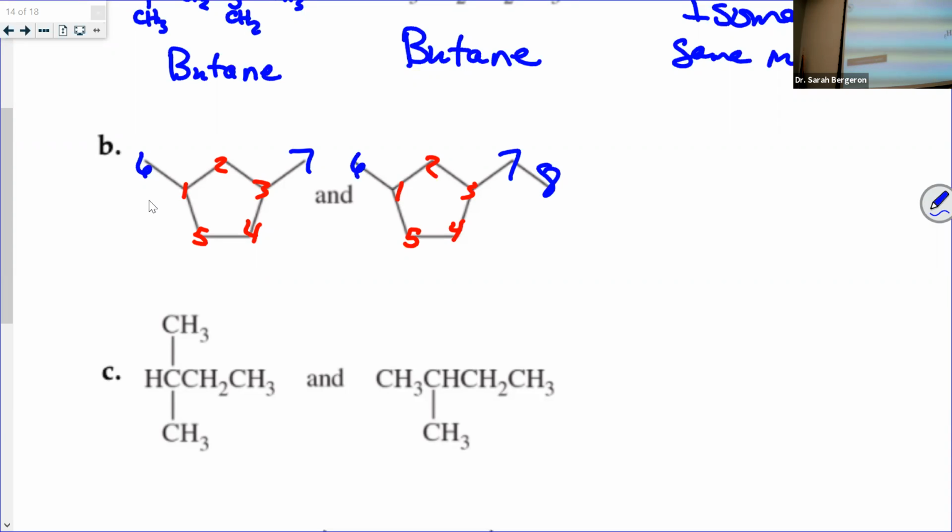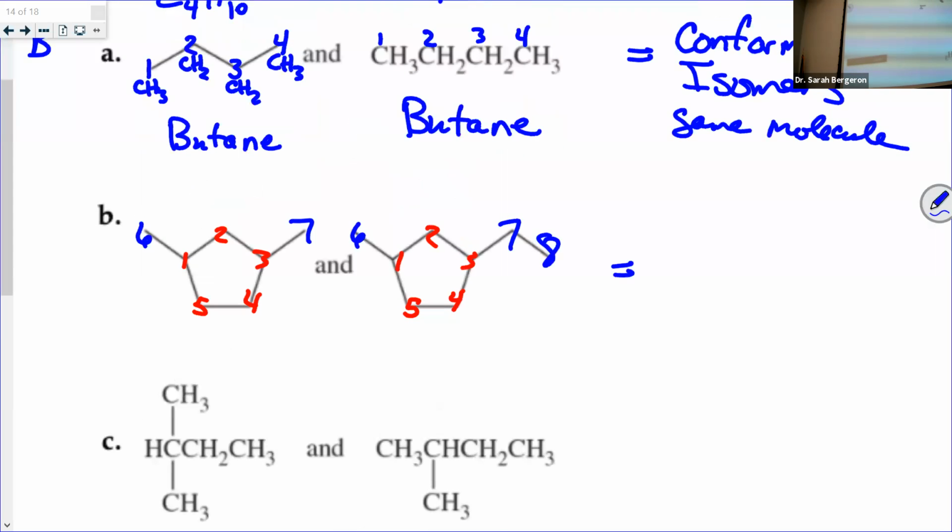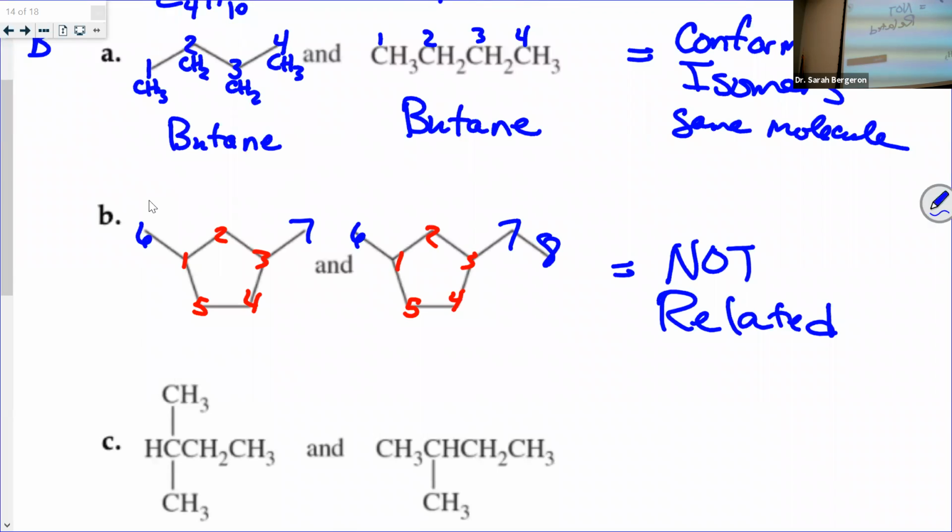Yep. What can you tell me about these 2 molecules? They have different numbers of carbon, so are they going to have the same molecular formula? No. Are these isomers? No. So we say they are not related. So you don't even have to worry about the hydrogens, right? If this one is C7 and this one is C8, automatically you know that they're not related.